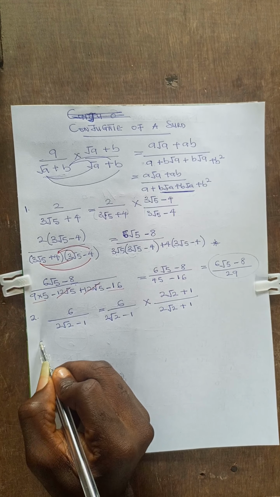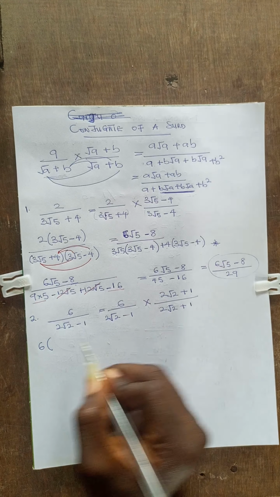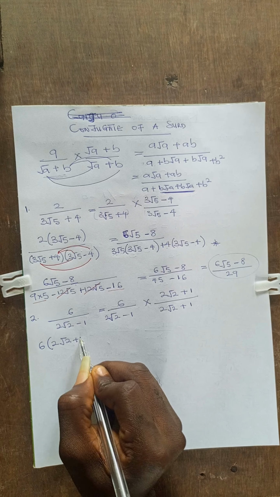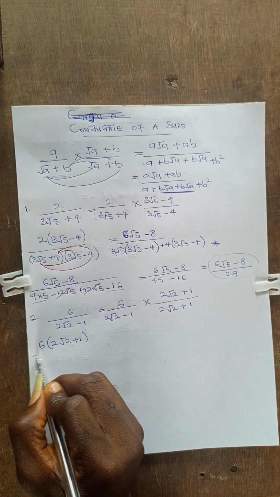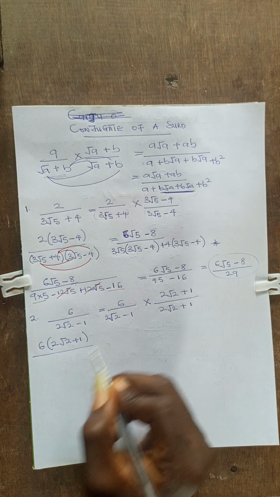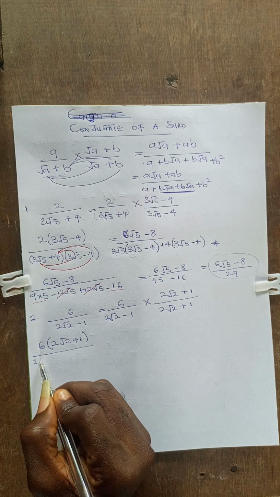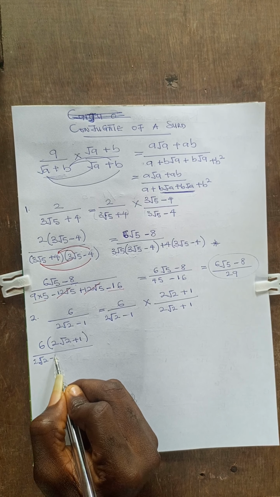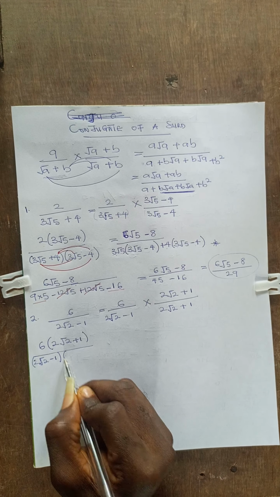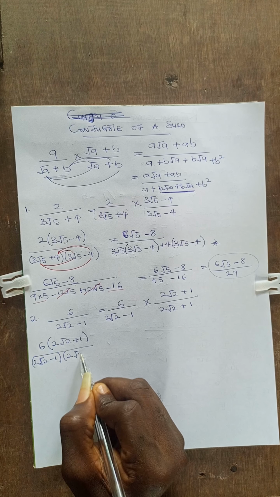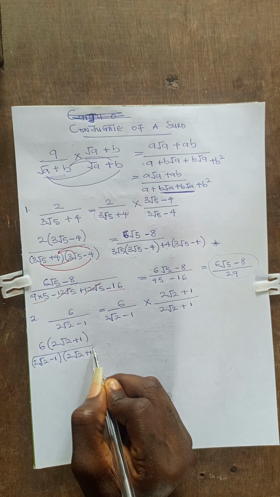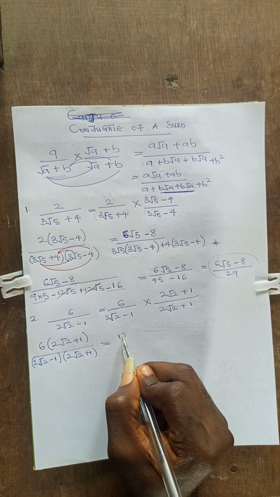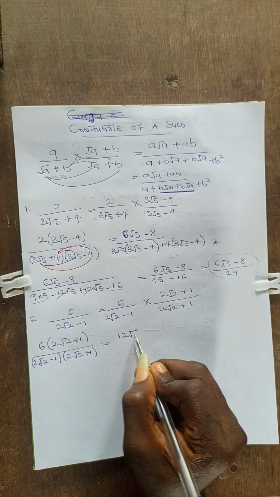So for the top, you will get 6 open bracket, what is here, 2 root 2 plus 1, close bracket, all over this one. You get 2 root 2 minus 1 in one bracket, then 2 root 2 plus 1 in another bracket. If we expand the top, 6 times 2 will give us 12 root 2.